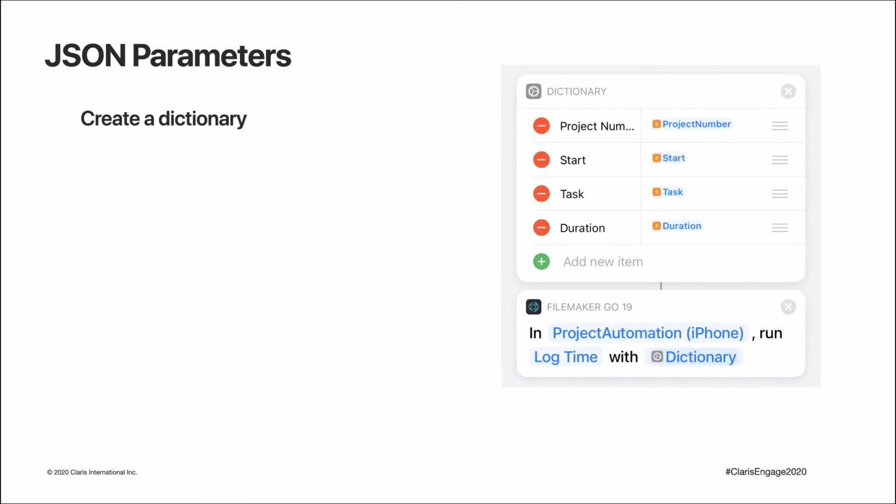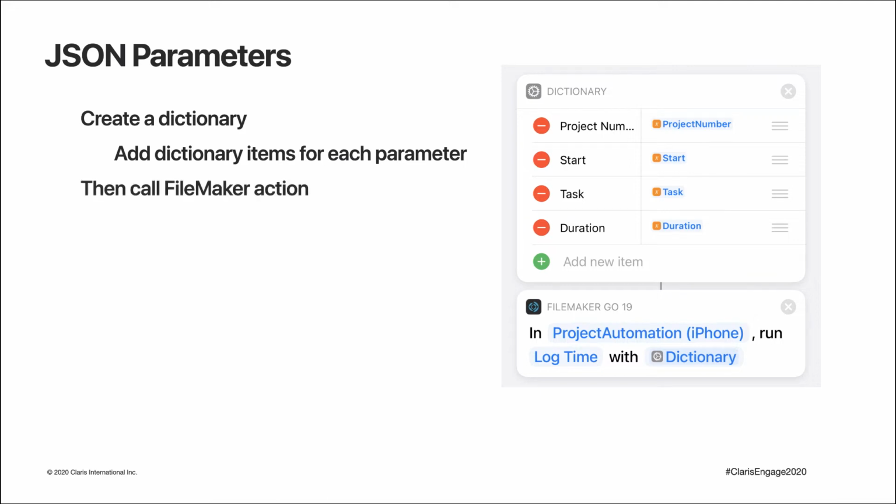Then next what we'll do is create a dictionary, and the dictionary will have the names of the items on the left, and the variables, which is the data that it's carrying over, on the right. And then when we run it and we send the result of the dictionary, we'll actually get just JSON. So we add dictionary items for each of the parameters, then call the FileMaker action. So we specify the file, the script again, and the parameter.